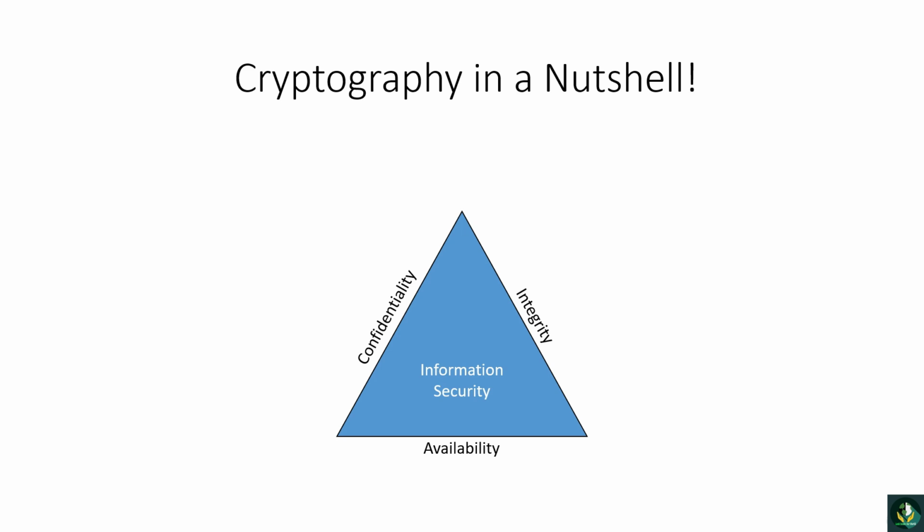Now there are a couple of topics in ethical hacking. We talk about cryptography, we also like to talk about attacks involved and some of the ways to prevent those attacks from occurring.